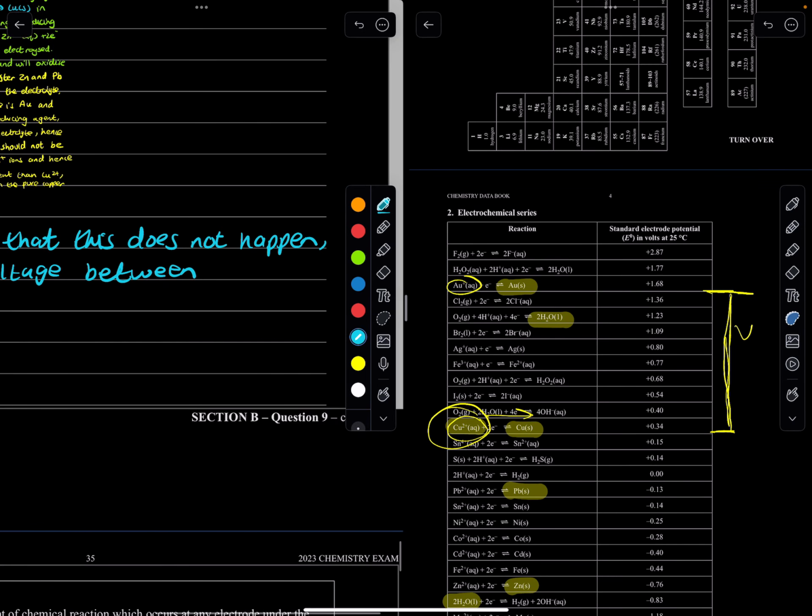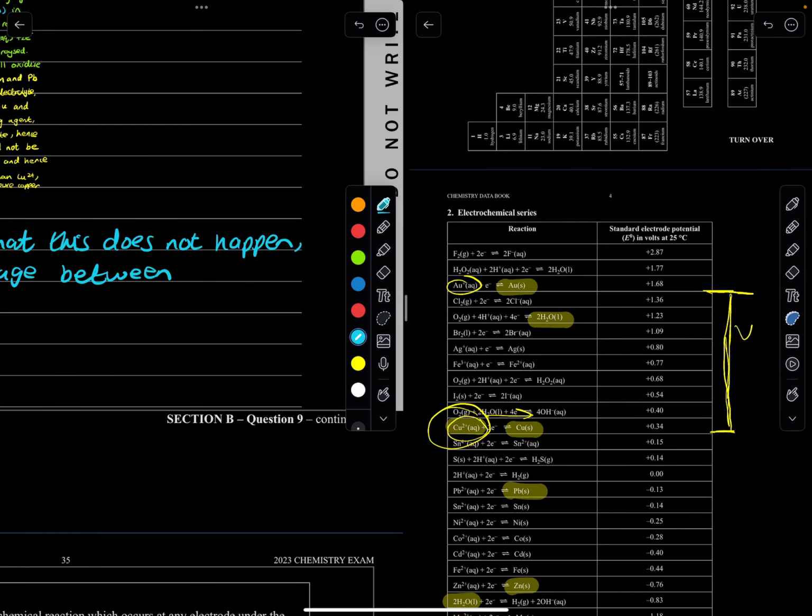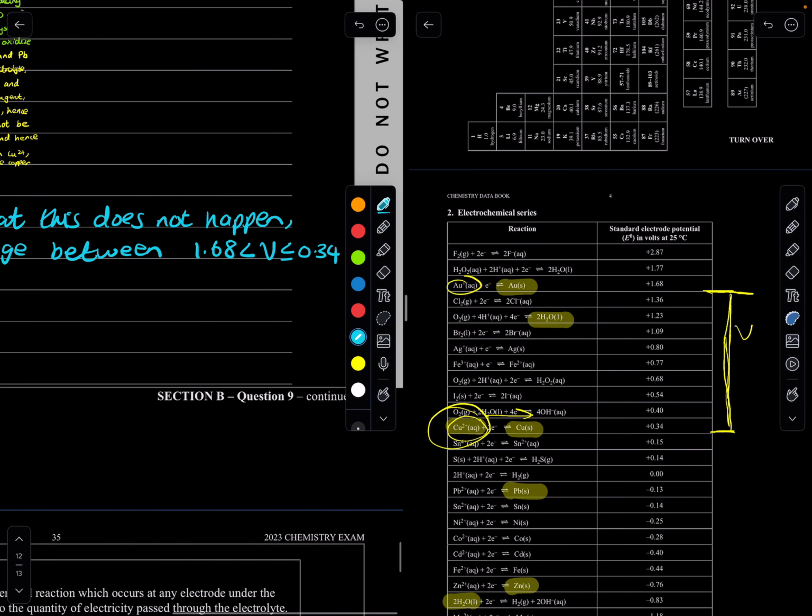So between 1.68, not equal to it, and voltage less than or equal to 0.34. It's a little bit of maths. These are inequalities, of course. But we don't want it to be equal to 1.68 because if it is equal, what happens? It will react. And we can let it be 0.34 because that's where our copper is. And that is basically the domain of voltage that we can have.